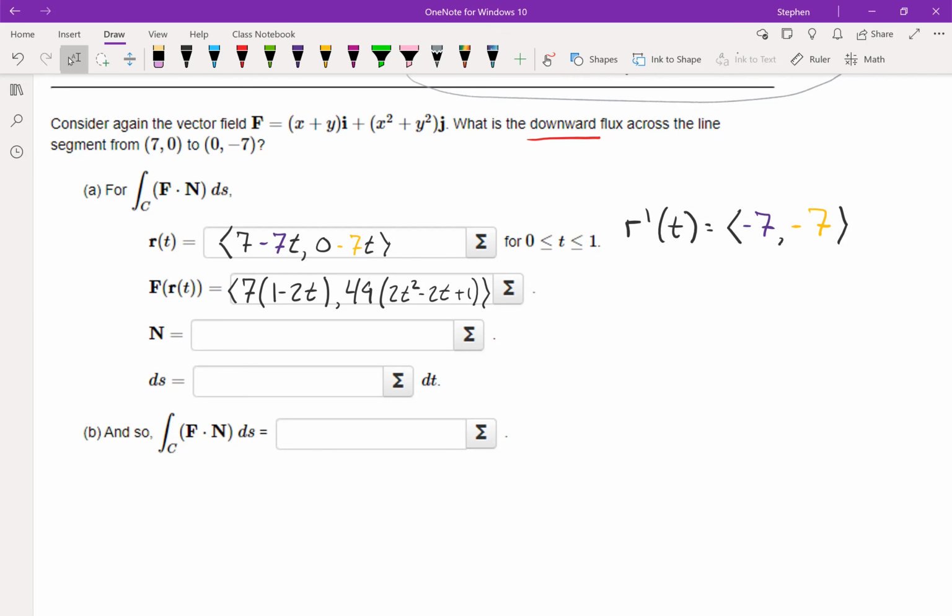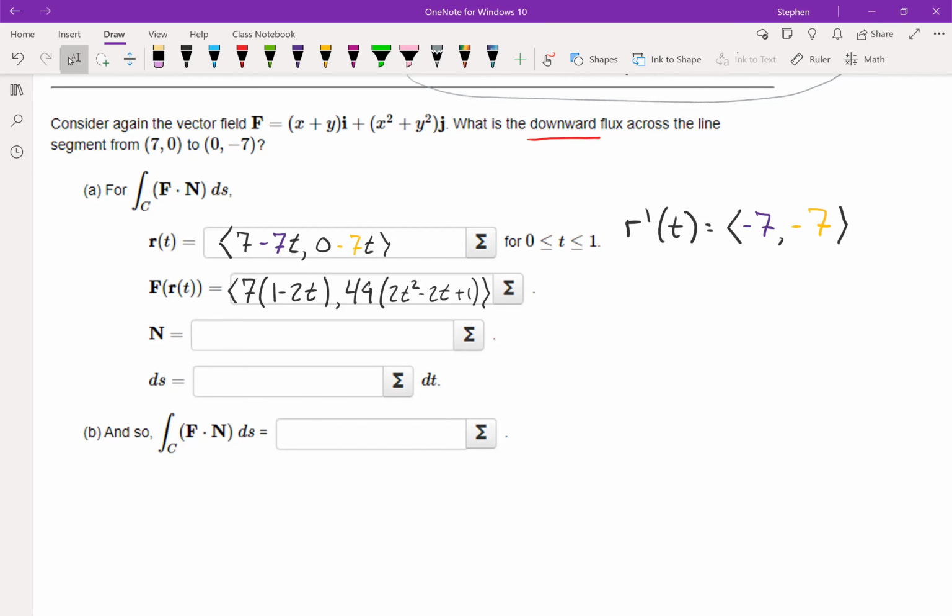Looks like our slope then is just going to be 1, so it must be at a 45-degree angle. So our normal vector should point at another 45-degree angle, either one of the two options where our slope is -1, if the slope of this thing is 1.